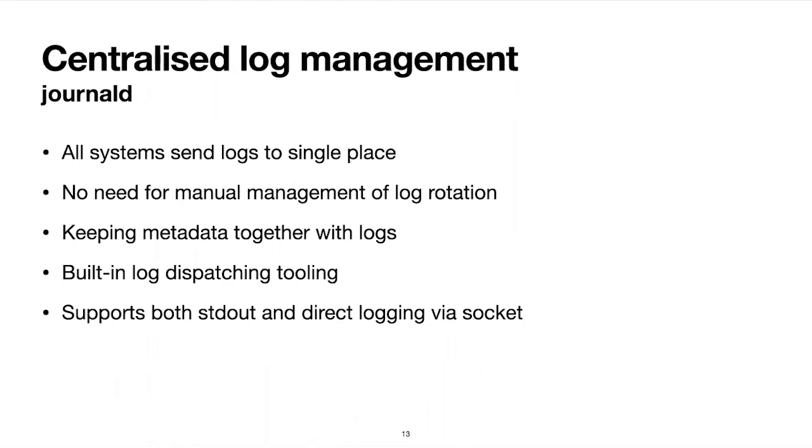While standard output and standard error messages are quite limited in their capabilities, if we log using the socket, then we can have all features like multi-line logs, or provide all metadata to systemd. Logs are stored in a binary format, which a lot of people are not very happy about, but it is how it is.